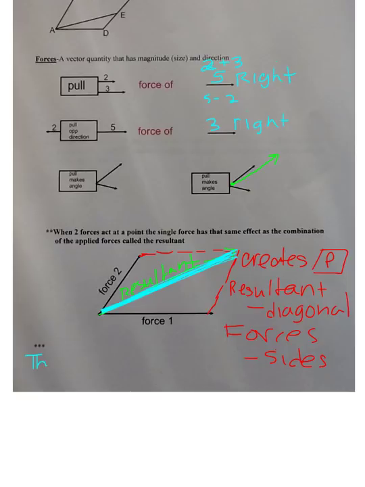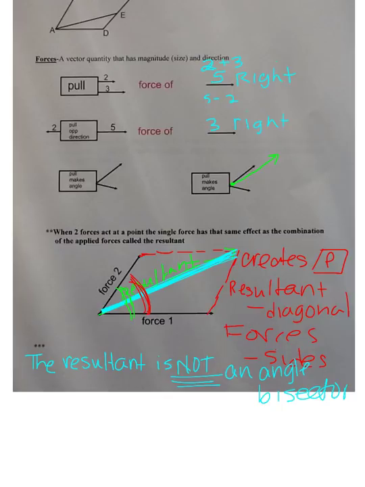So the resultant is not an angle bisector, which means it does not split the angle in half so that this is equal to this. That would only be true if it's a rhombus, and it would be a rhombus if my forces are equal to each other.